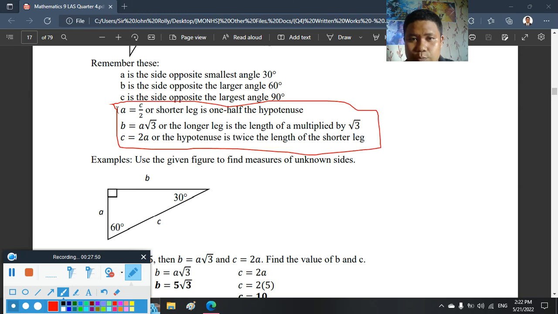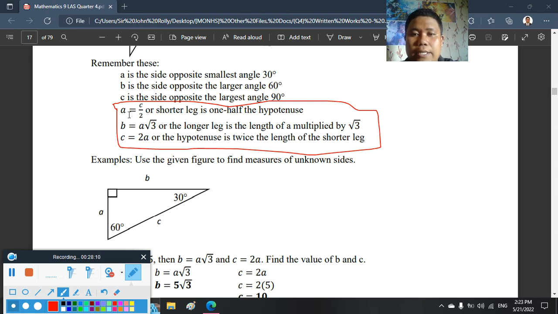If you're going to find the lengths of the sides of this 30, 60, 90 triangle, use this. A equals C over 2, or the shorter leg is 1/2 the hypotenuse.